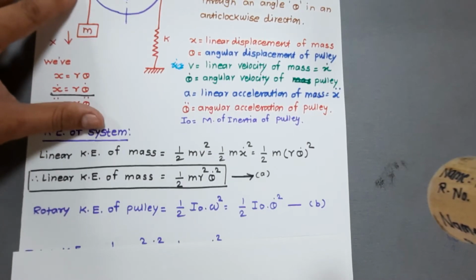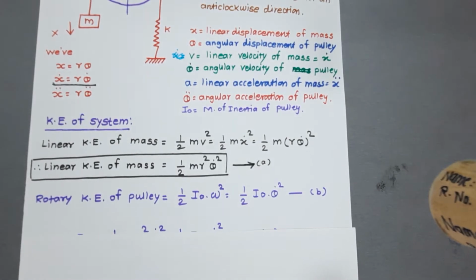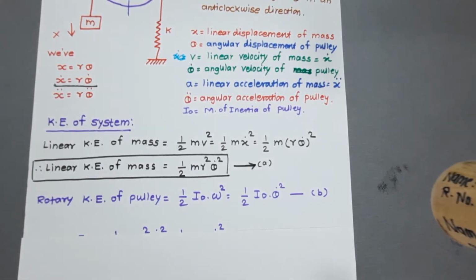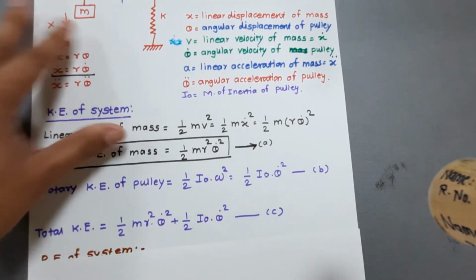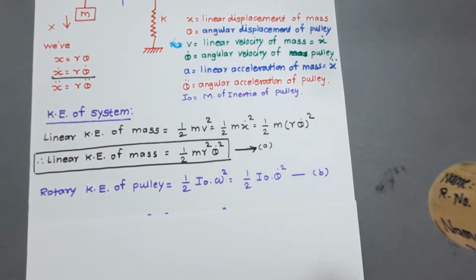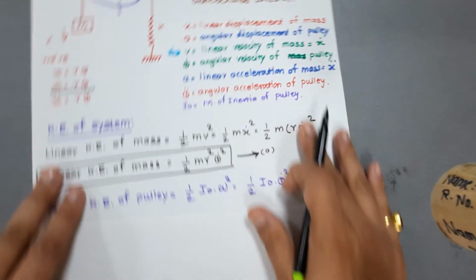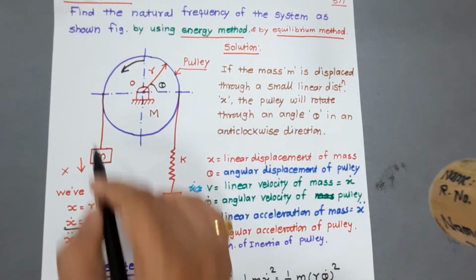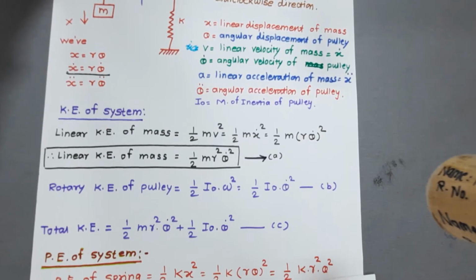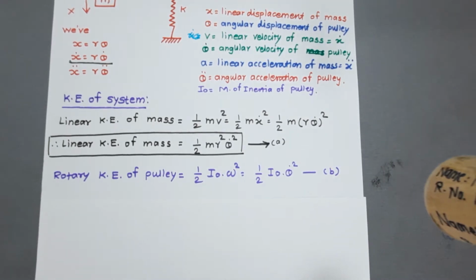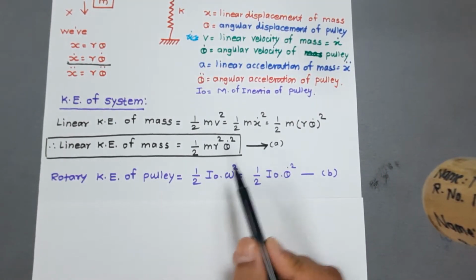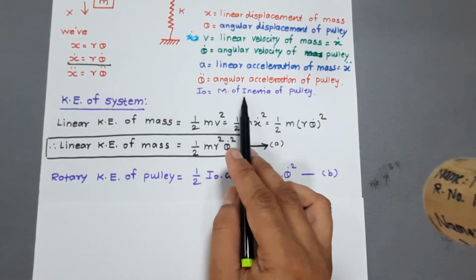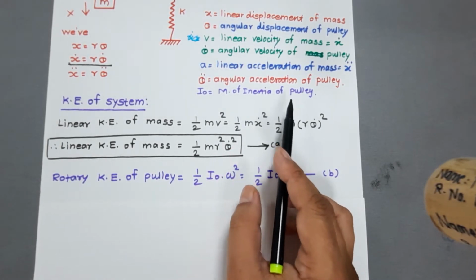Now further we have to calculate the rotary kinetic energy of the pulley. Rotary means this pulley is going to rotate, so it also has rotary kinetic energy. That is given by the formula 1/2 I0 omega square, where I0 is the moment of inertia of the pulley, given in kg meter square.